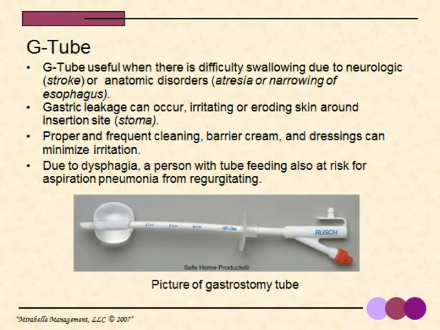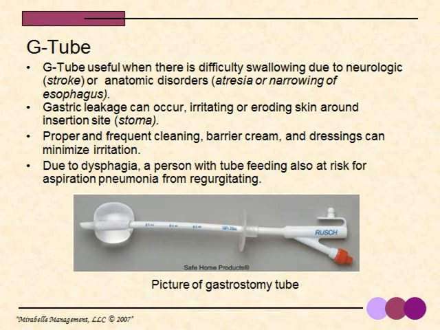A G-tube can be useful when there is difficulty swallowing due to a neurologic condition such as a stroke, or there is an anatomic disorder such as atresia, which is simply the narrowing of the esophagus. Gastric leakage can occur, irritating or even eroding the skin around the insertion site, which we call the stoma.